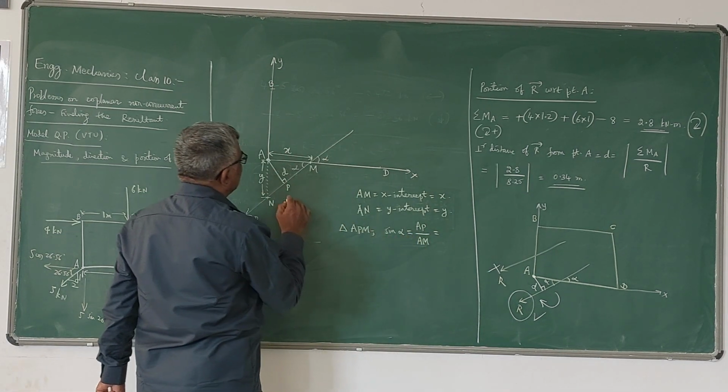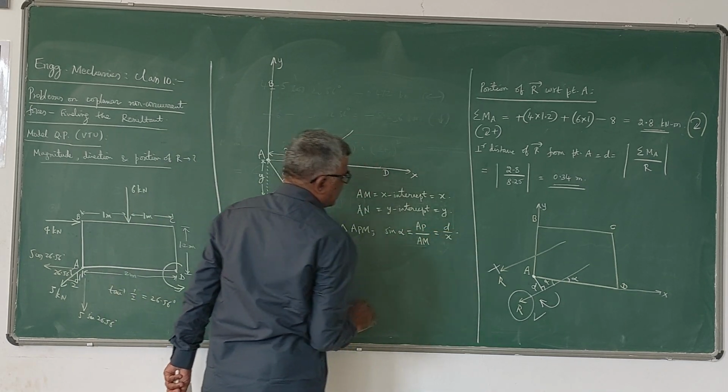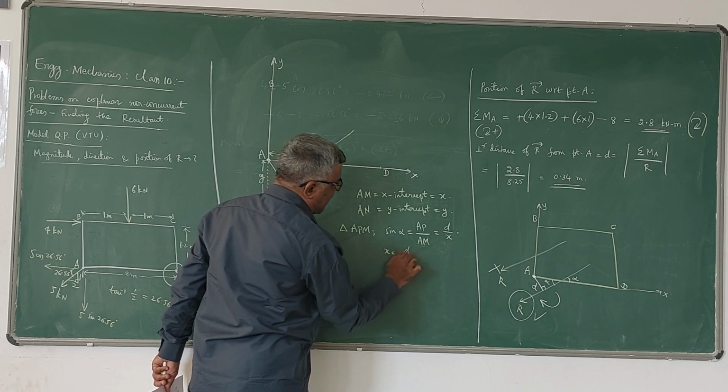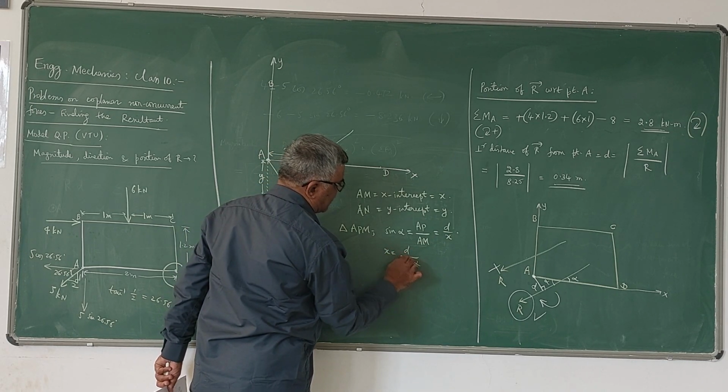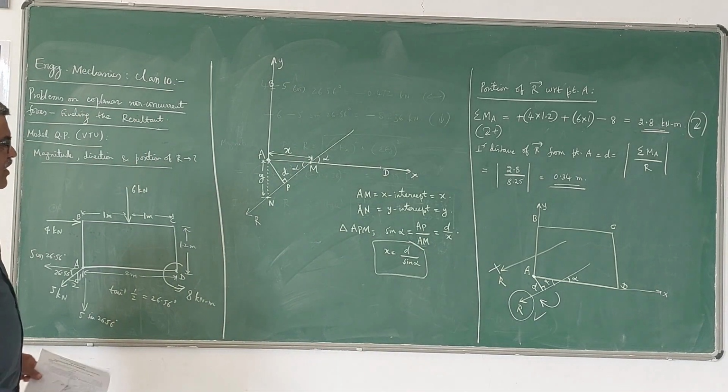You know that AP is D, AM is x. So sin alpha is equal to D by x, or x is equal to D by sin alpha. This is the expression which gives the x-intercept.